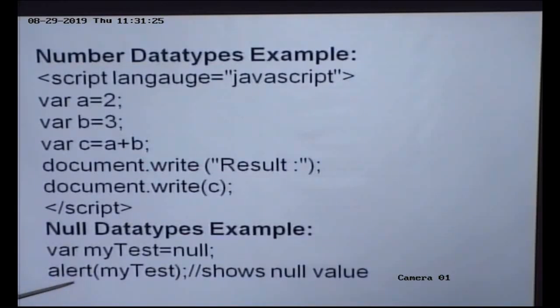It's a window based property. You are passing the my test variable to the alert method, and it will show the null value. It doesn't show any defined value, it will show only the null value.